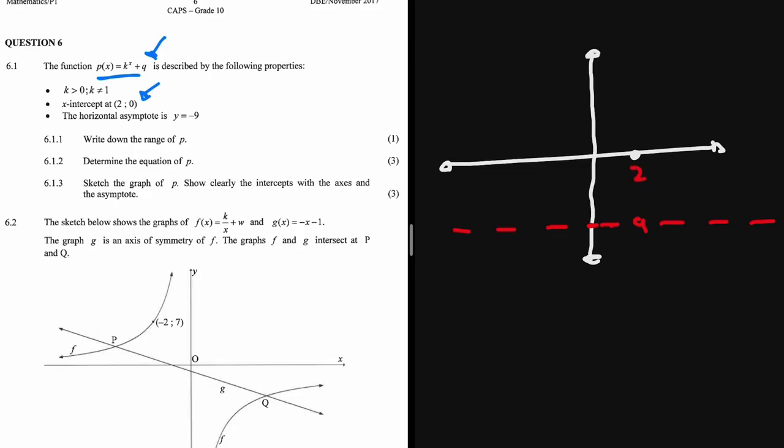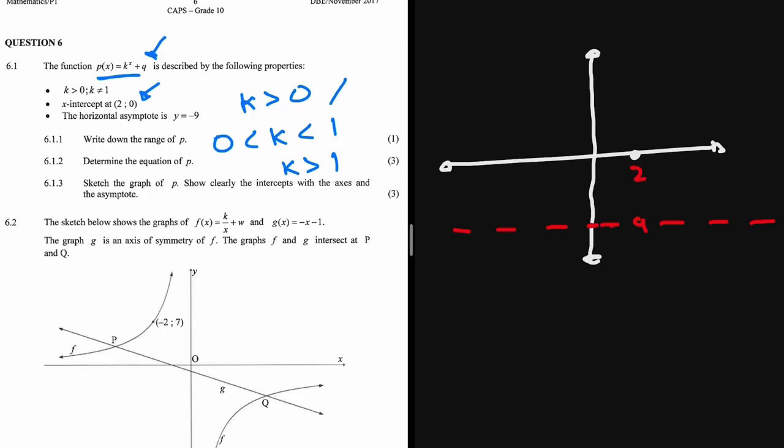That is the x-intercept. Now, if we want to plot our graph, we need to find the value of k first, because we don't know if this graph is an increasing or a decreasing function, because they said k is greater than 0. But k can be in between 0 and 1, and k can also be greater than 1.